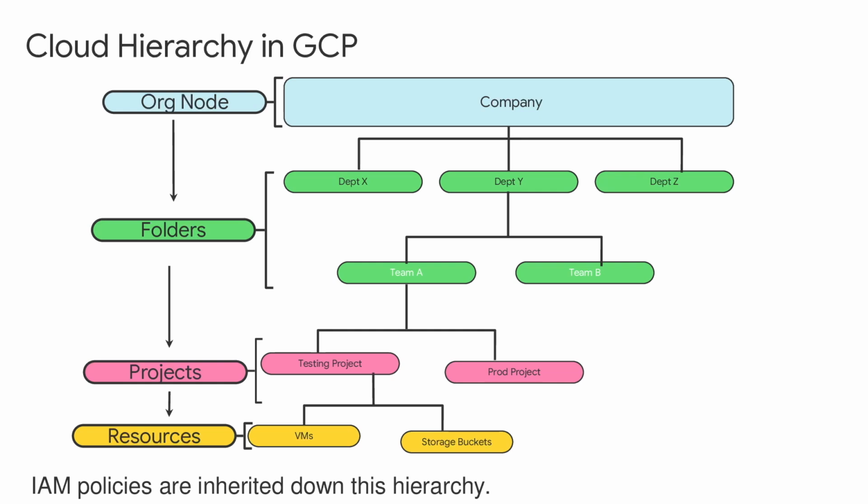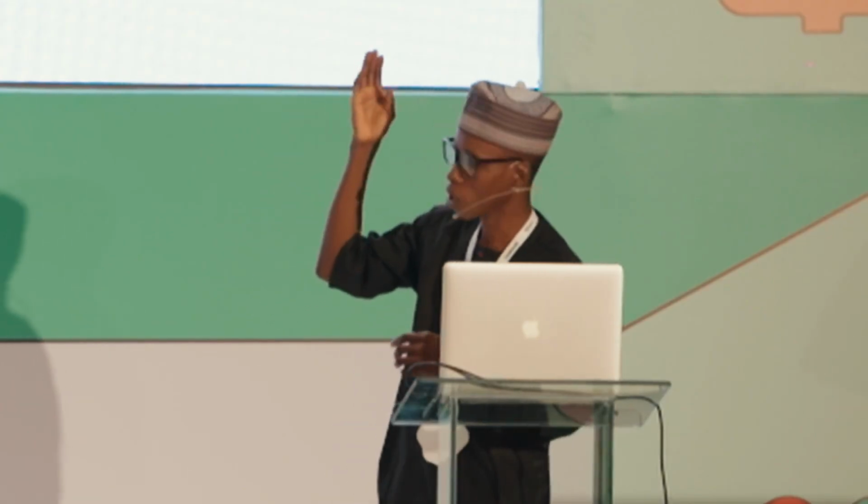So in GCP, that is Google Cloud, there is a hierarchy of how access is given. It starts with the organization node. The organization node that you can see is the company. The company is the highest level, right? So it goes down to the folders. Under these folders, you have projects. In folders, you can have departments like the finance department, the technology department, or any other department, right?